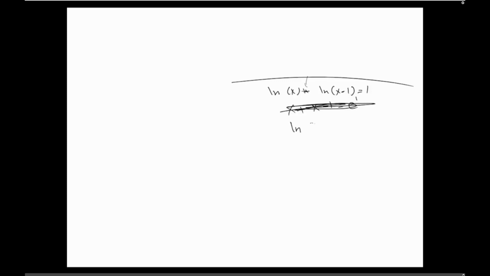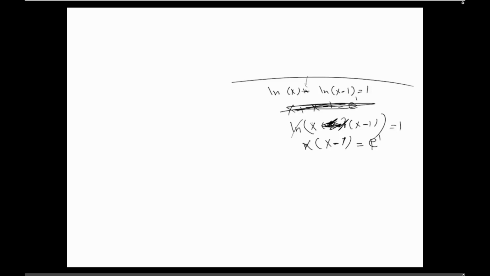So we will end up with x multiplied by x minus 1 equals 1. So now we're gonna multiply by e, so the ln will disappear, and we will end up with x times x minus 1 equals e raised to power 1.